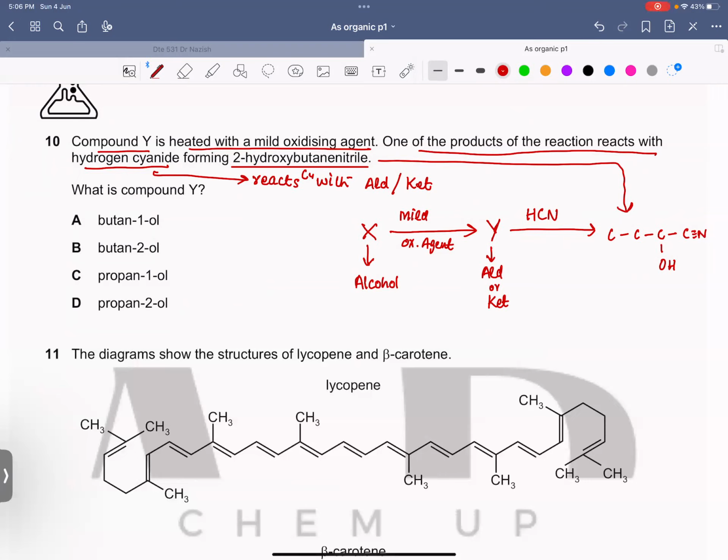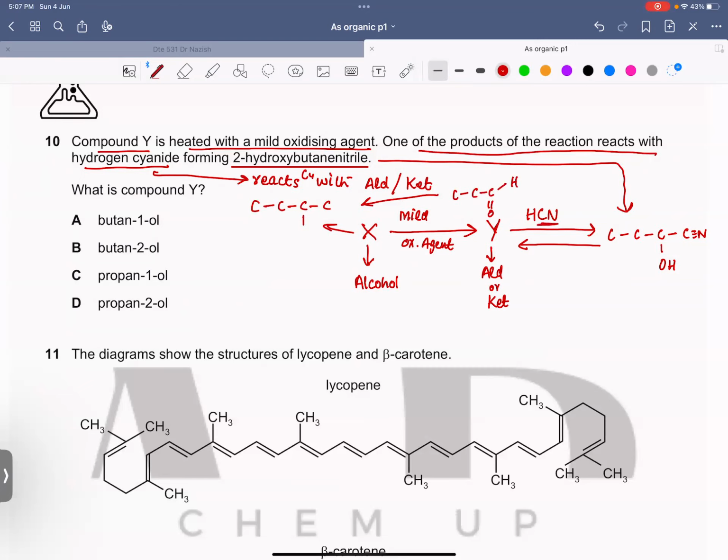From this, if I go backward, then I can easily figure out that this would be Y, which is a butanone. And if it's a butanone, then if I go backwards towards X, what I will be able to get is, no, sorry, this is an aldehyde with 3 carbon atoms, because CN is coming from here.